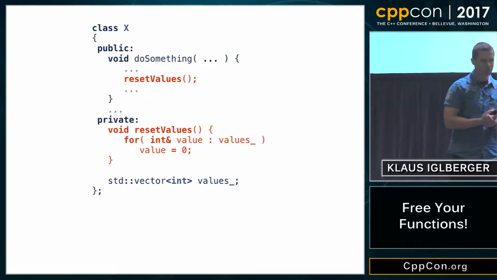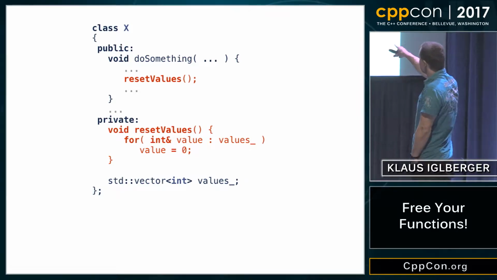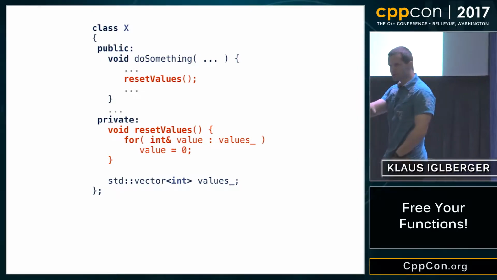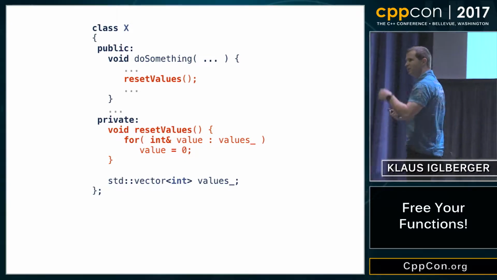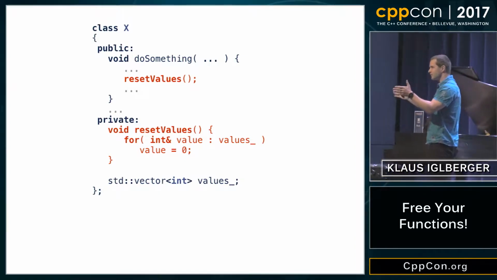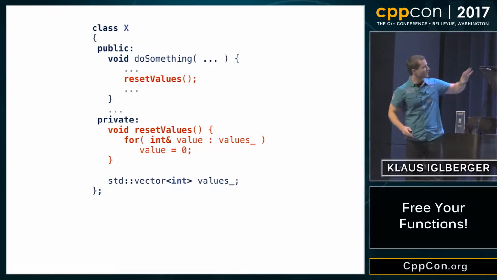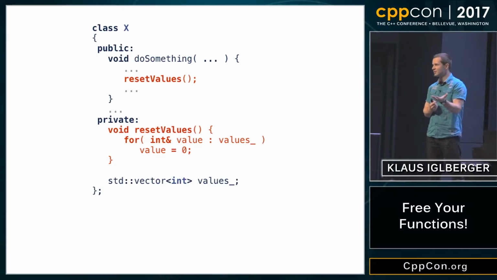A private member function, this is an implementation detail after all. And in this function, I just reset all the integers to 0. So reset is not clear, as you see. Clear would mean I reset the size to 0, etc. When I say reset, I mean the size should stay exactly the same, but all the elements of the vector should be returned to the default state. Now, for an integer, this is just 0.